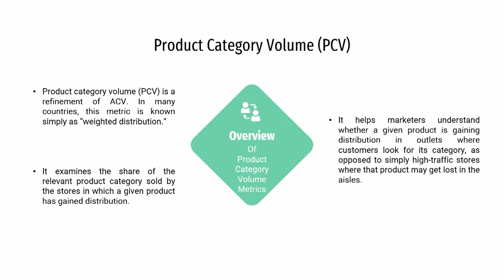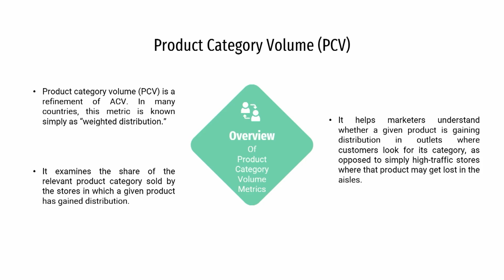Let's have an overview of the next metric, which is termed product category volume. This metric is a refinement of the ACV. In many countries, this metric is also known as weighted distribution. Now we will not only talk about the total volume, we will also look into the weighted distribution.